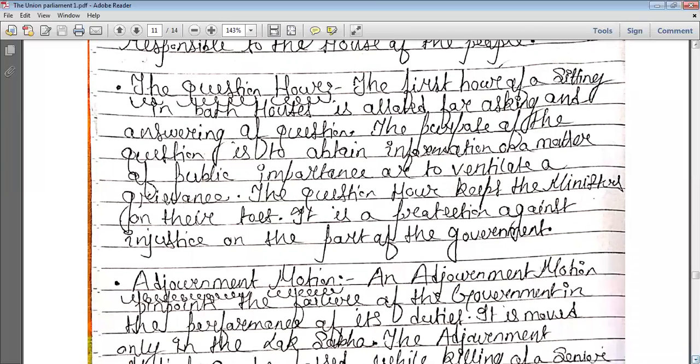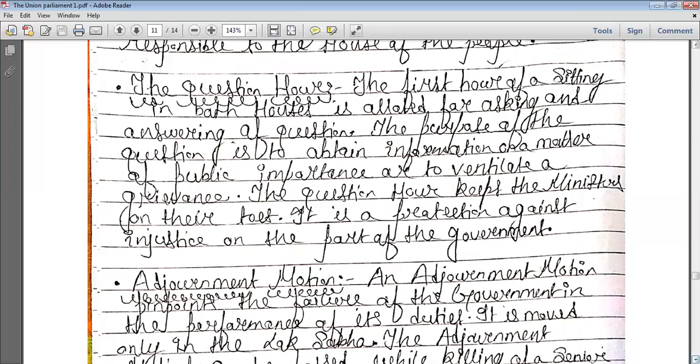First, we would like to discuss the question hour. So what is question hour? What is adjournment motion? These are nothing but the motions, the activities, the way by which the executive performs the activities. Okay. The first hour of a sitting in both houses is allotted for asking and answering of questions.